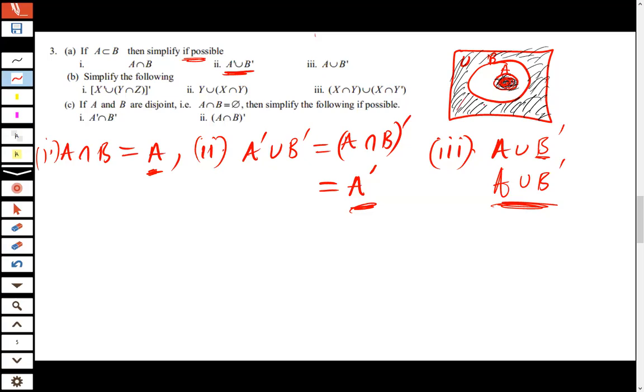B complement is simply just what is outside B. So when you shade the outside part of B, that is your B complement. And then after shading, you can now write your answer. So here the answer will still just be that.